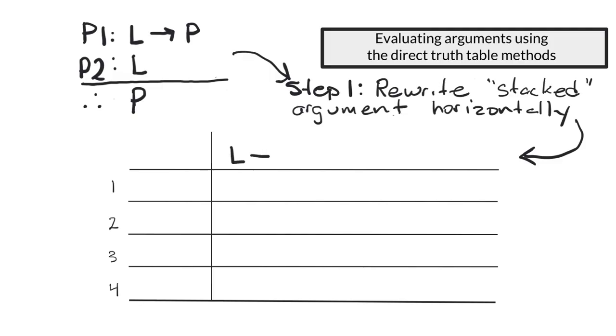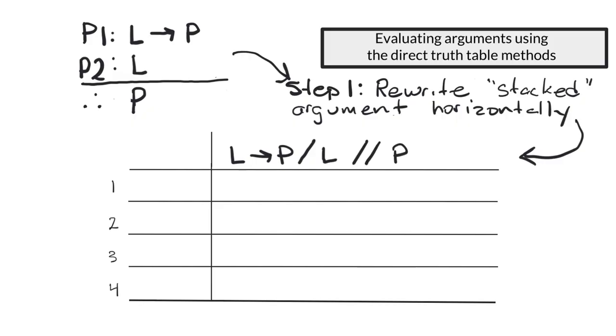And you're going to separate the premises with a slash mark, just one. So the next premise, the atomic sentence L, is going to go right next to that. And then you're going to separate the premises, in this case there's two, from the conclusion with a double slash mark. And then you're just going to write the conclusion next to it.